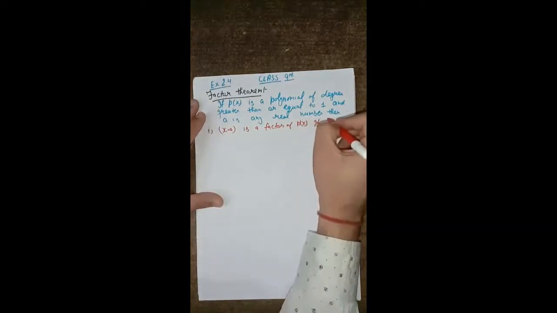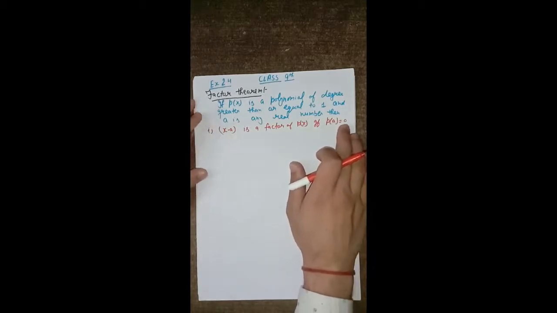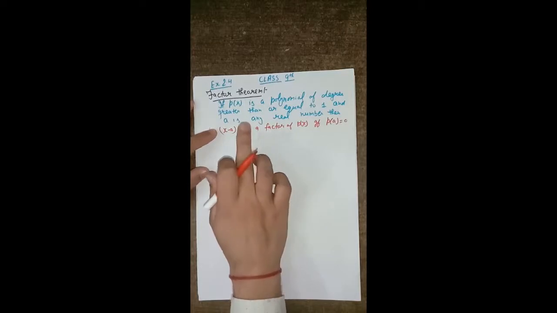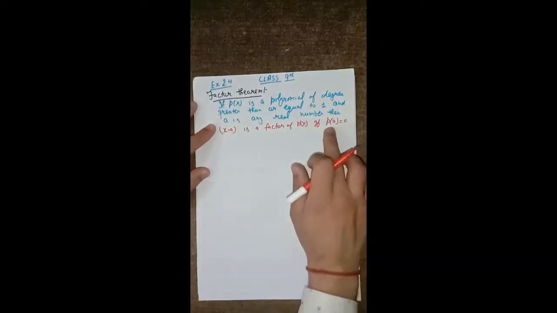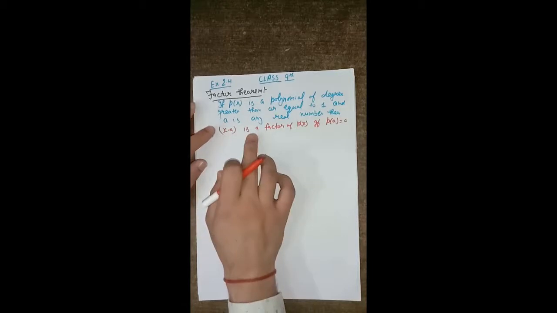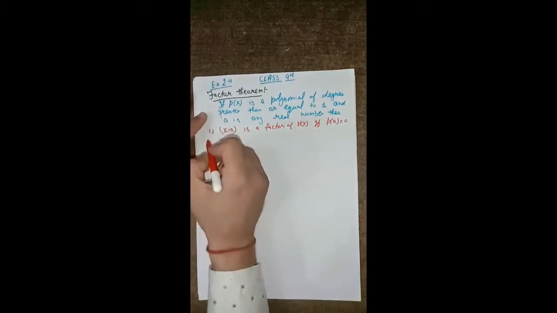If p(a) equals 0, it simply means that the remainder is 0, so x minus a will be a factor, because according to the remainder theorem, p(a), the value of the polynomial at a, gives the remainder. If the remainder is 0, then x minus a is a factor of p(x).